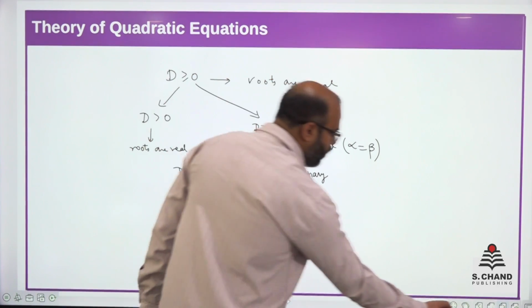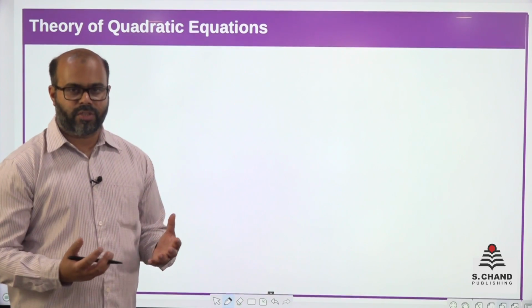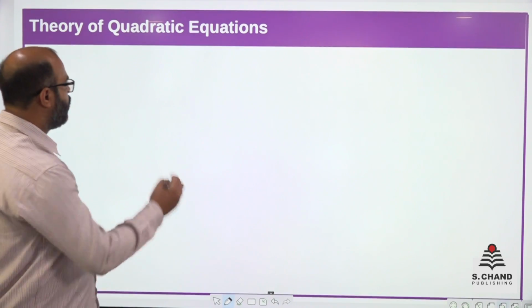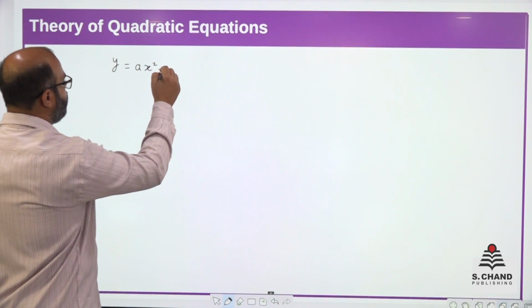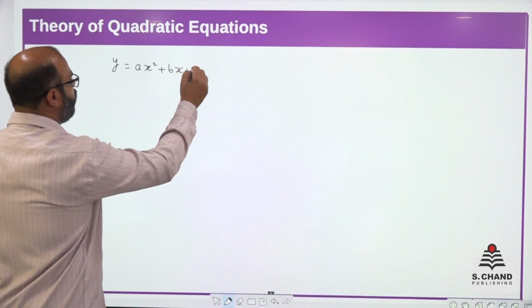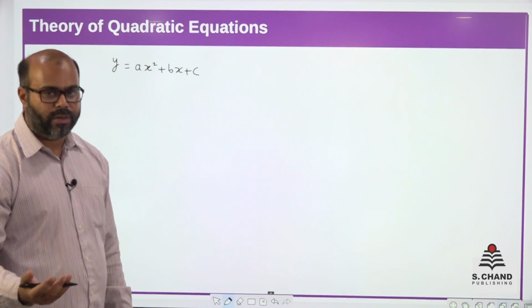Now if we are asked what is the graph of this quadratic equation or the quadratic expression, y is equal to ax square plus bx plus c is the corresponding quadratic expression. If we equate it to 0, it becomes an equation.